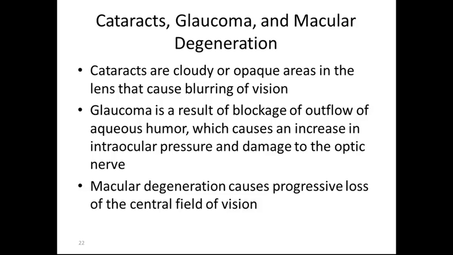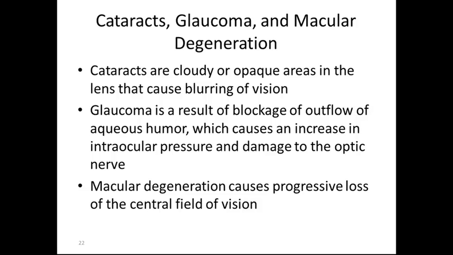Cataracts, glaucoma, and macular degeneration are all eye disorders that happen as we age. Cataracts are clouding or opaque areas in the lens that cause blurring of vision. Often treated with surgery where we replace the lens, or we will often do laser therapy.